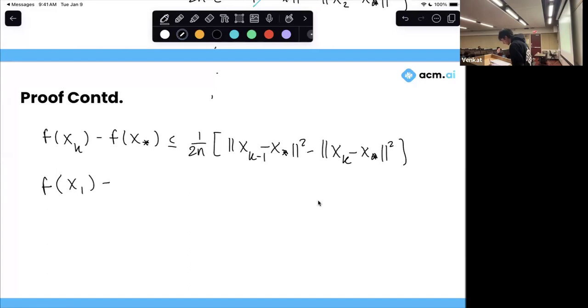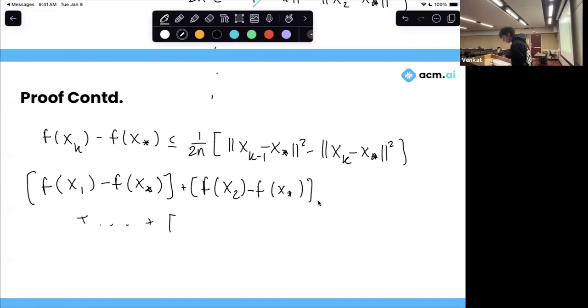So I'm just going to write out the left-hand side as well. This is going to be our left-hand side, plus dot, dot, dot, up till our k value. So we understand we're just adding everything on the left-hand side together here.